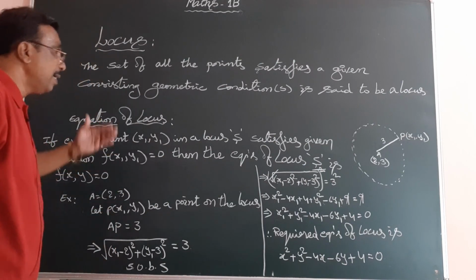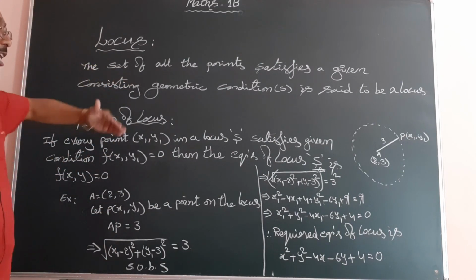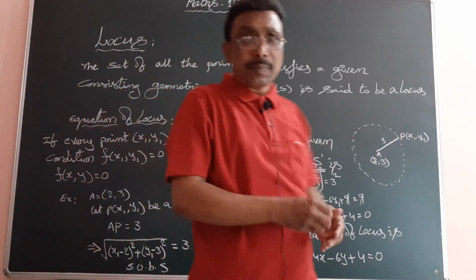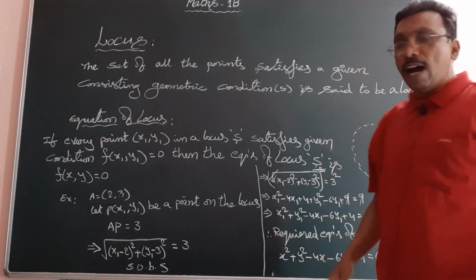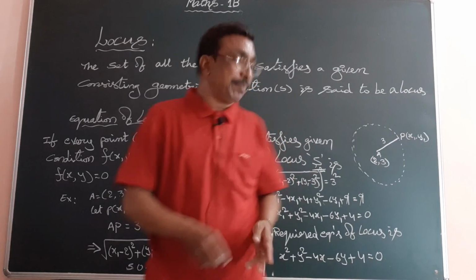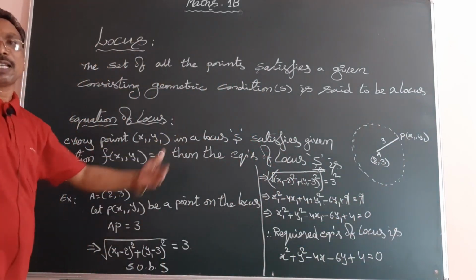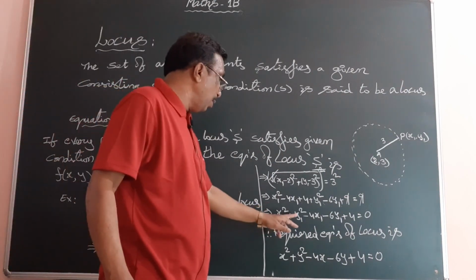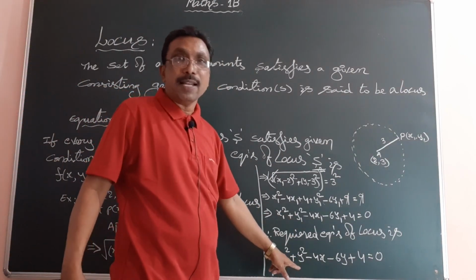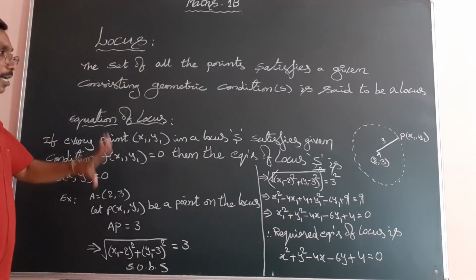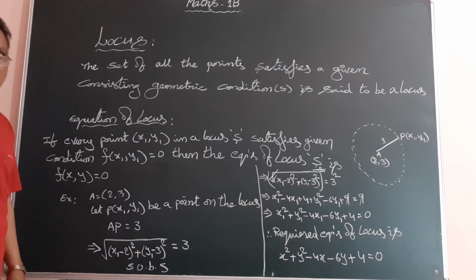So first of all, we consider a point. That point satisfies the given condition. After that, finally we write the required equation of locus as f(x, y), replacing x1, y1 by x, y. This is the equation of locus.